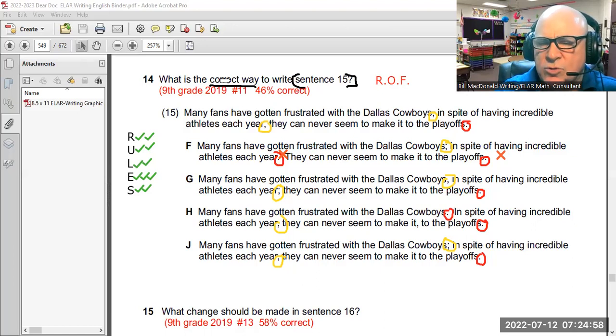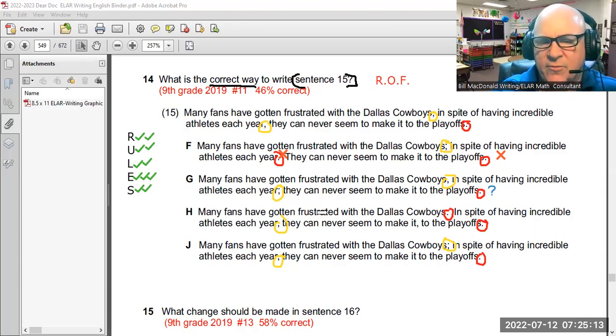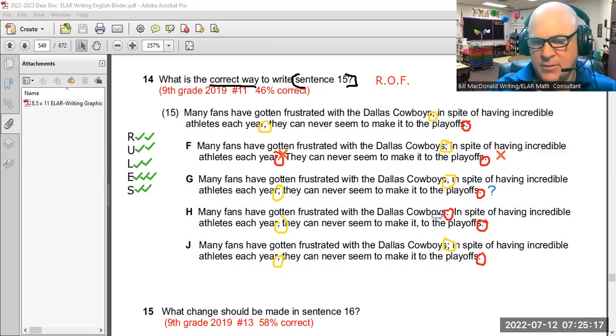But whenever you're not sure, you can always put a question mark to see if there's not anything better. Let's try our letter H. Capital. Many fans have gotten frustrated with the Dallas Cowboys, period. And we're stopping the sentence.